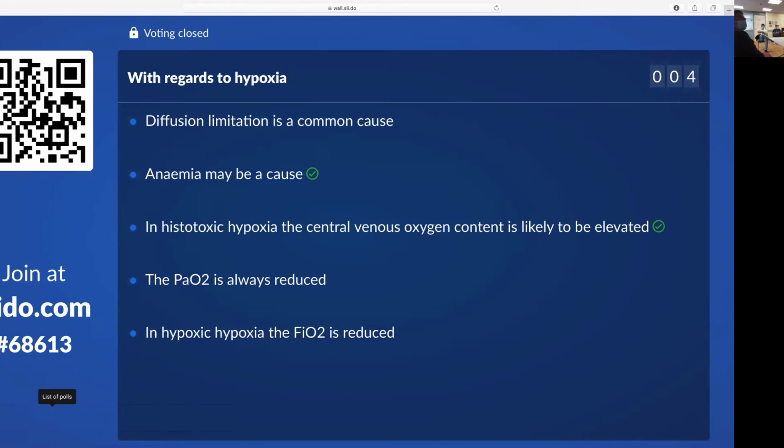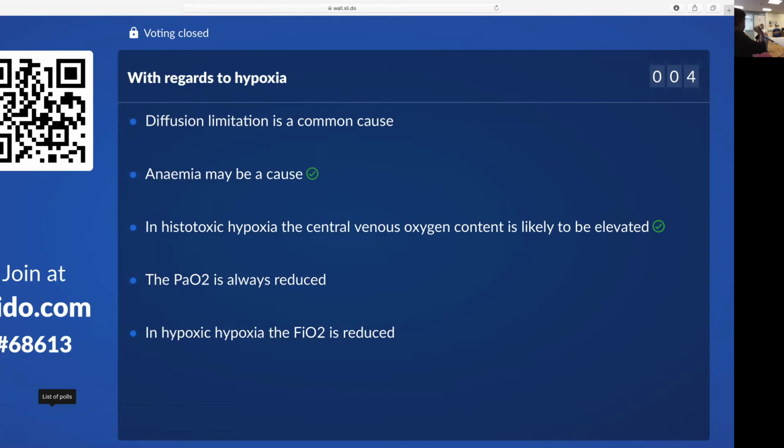So hypoxemic hypoxia is when your arterial oxygen tension is reduced. Hypoxic hypoxia is when your inspired oxygen tension is reduced. But this is false because it says FiO2, not PiO2. So you can have a reduction in your inspired oxygen tension without a reduction in your inspired oxygen fraction.